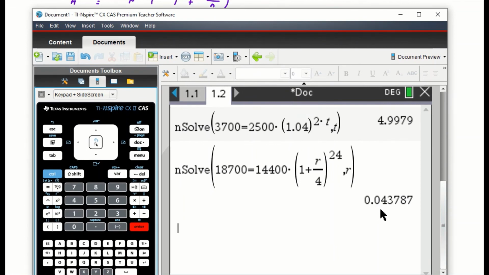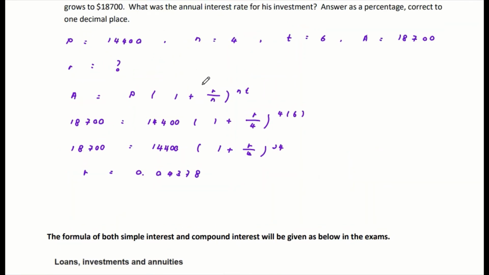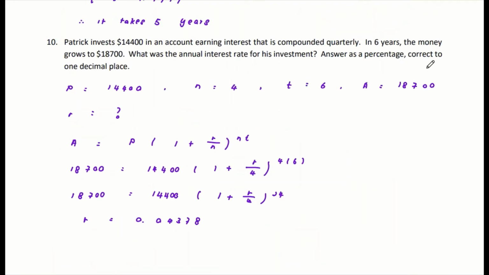So 0.043787, so 0.0438. So r will be equal to 0.04378. The question says to answer in percentage correct to one decimal place, so we get 4.4% per annum. So that's the answer.